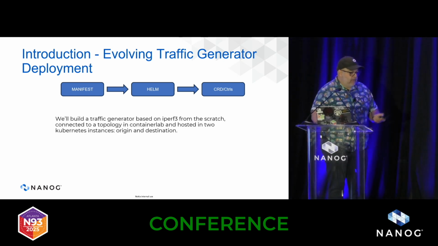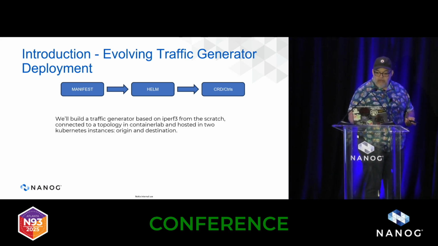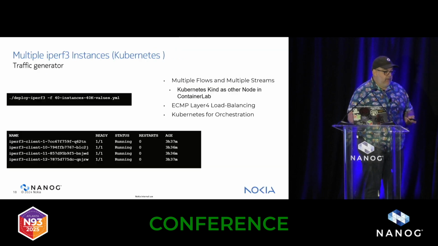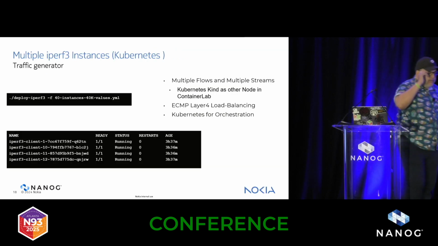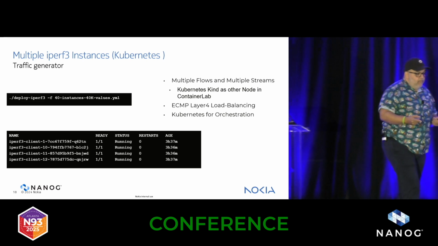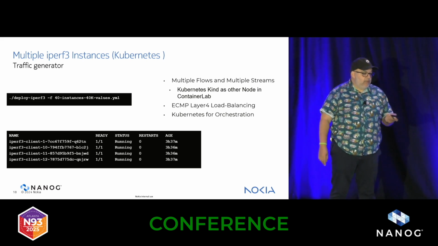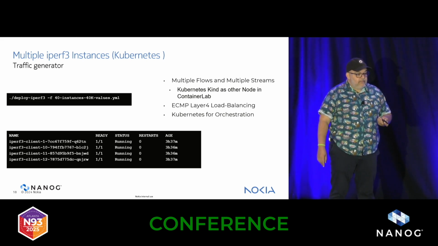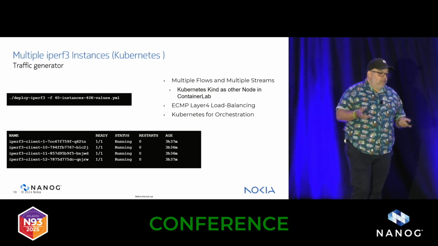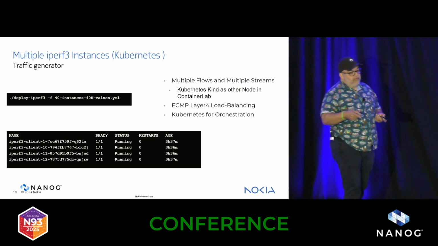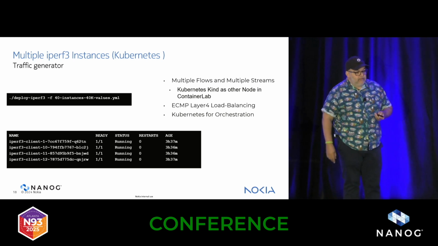So this is the evolution that we're going to show during the demo. As you can see, we are going to deploy an iPerf3 instance. In this case, we can create multiple replicas for that instance, as you can see on the screen down below.